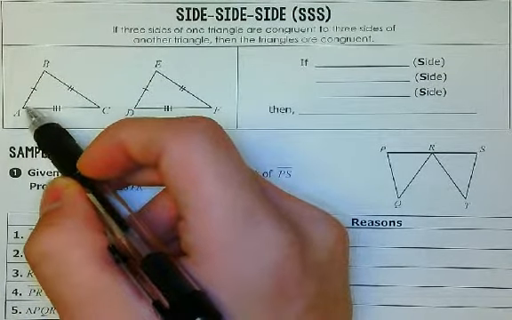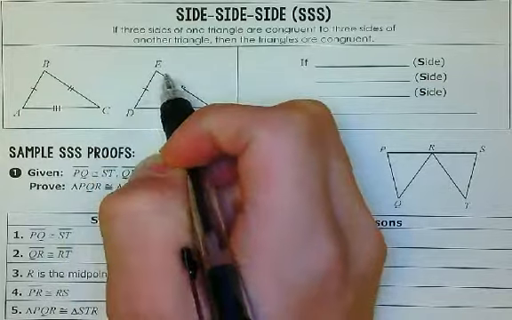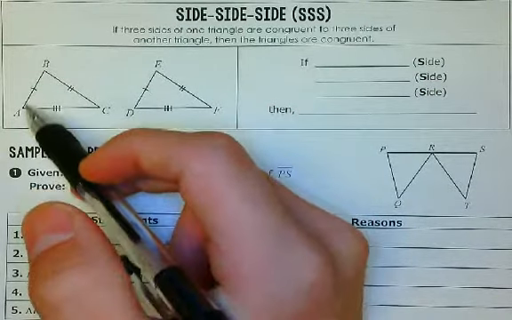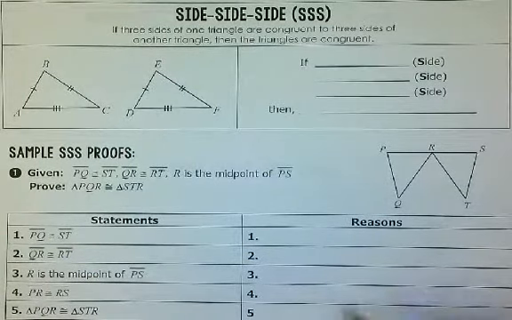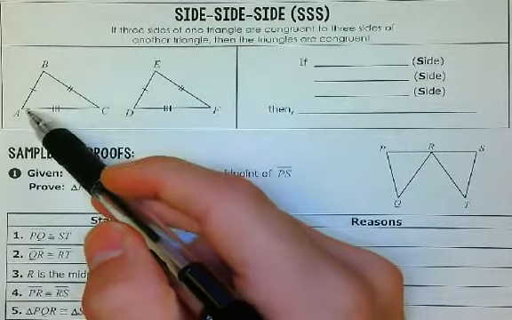So we're just going to take a look at our picture here, and based on the picture, we're going to write an if-then statement. This is what we call a proof, a two-column proof.